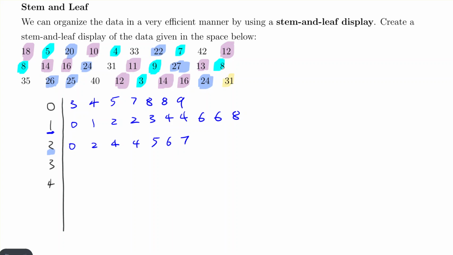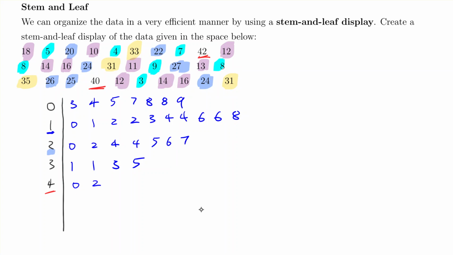I have 31, 33, 31 again, 35. That's it. So I write 31, 31, 33, 35. And 40s, I have 40 and 42. So 0 and 2.